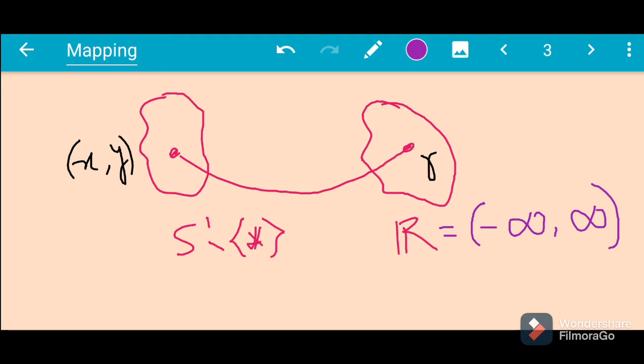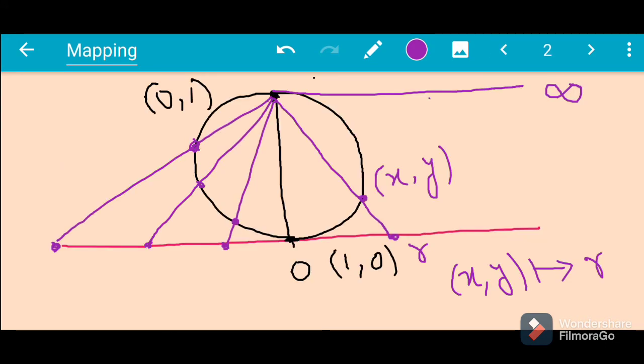It indicates that we can extend the real line as long as we want, but we will not consider infinity as a real number. So this particular tangent will meet the real line at infinity, meaning it will never meet the real line. Fine, so this is the plan of action.